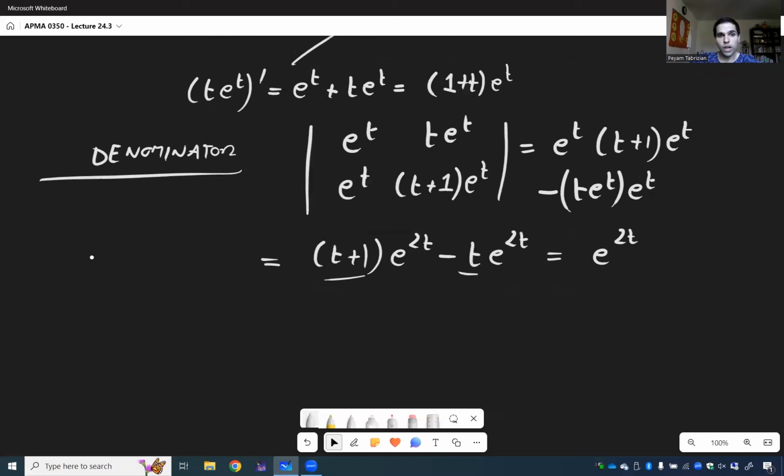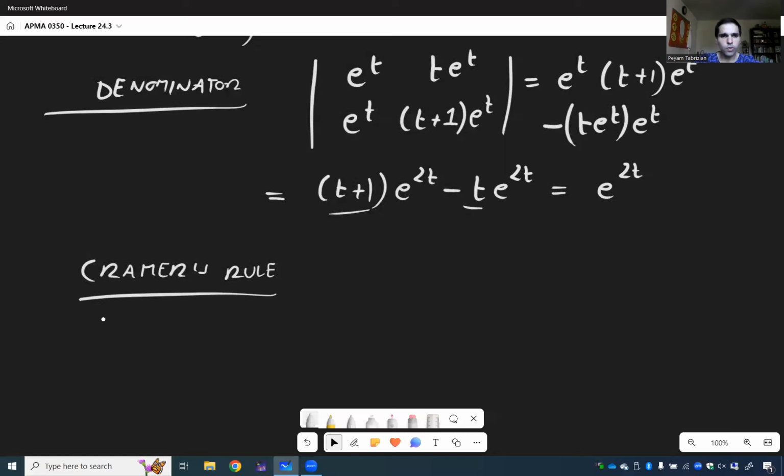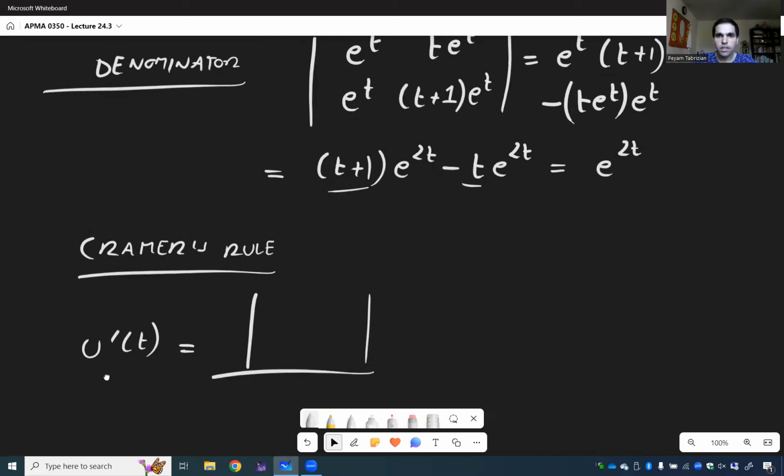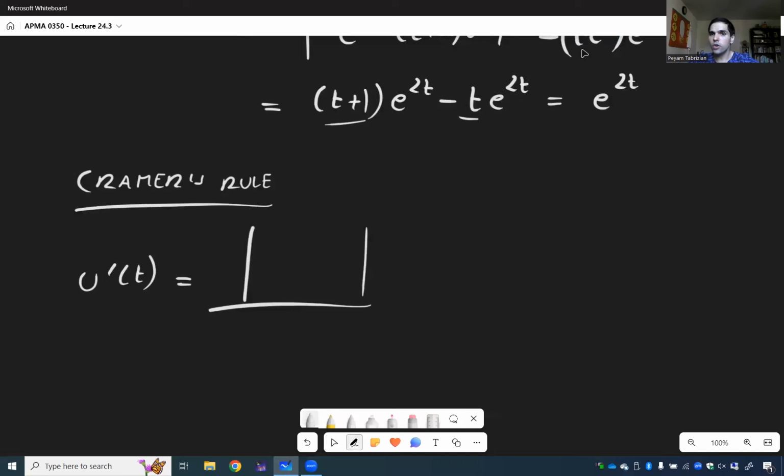And now let's use Cramer's rule. So what does that say? So u prime of t is the ratio of two determinants. The denominator is the determinant we found, which was e to the 2t.